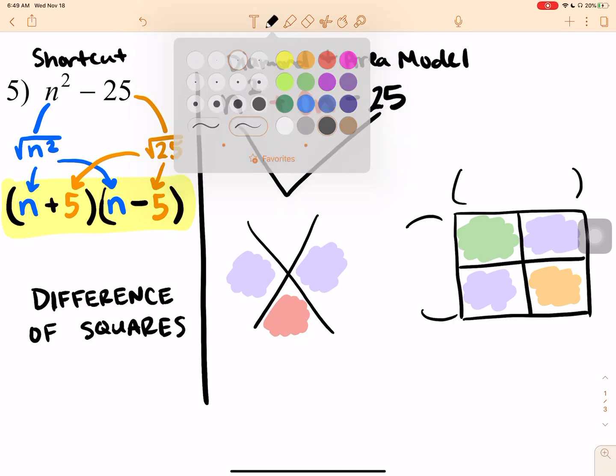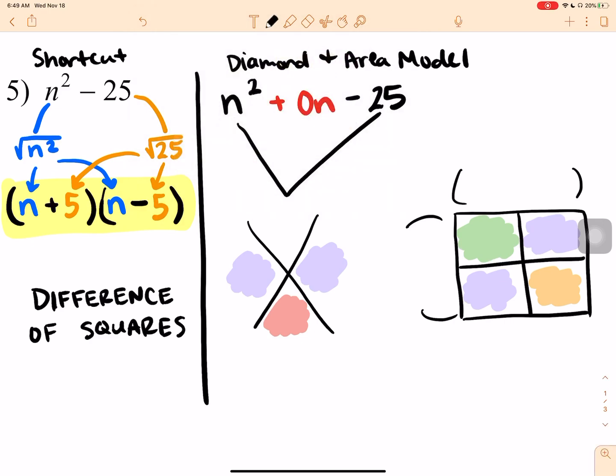So now let's do it this way. Over here, n squared times negative 25 is negative 25 n squared. And 0n goes on the bottom. So you need to find two numbers that multiply to negative 25 and add to 0. Well, the only way we can get 0 is if we subtract something from itself.